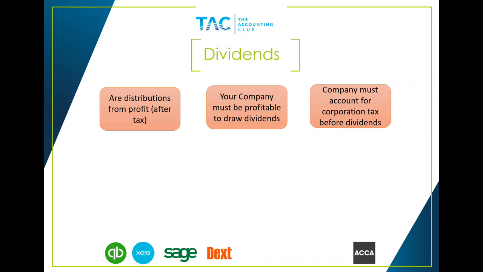Let's say the corporation tax rate is 19%. So 19% on 25,000 is 4,750. The profit after tax is going to be 20,250. You can only take dividends on 20,250. That's what I mean by the company must account for corporation tax.